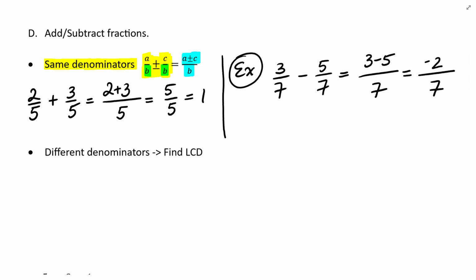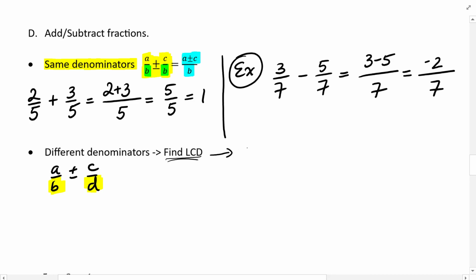What if we have different denominators, like A over B plus or minus C over D? Well, the key here is to find the LCD. Now, how do we find the LCD?